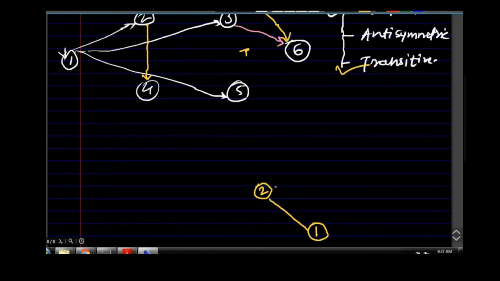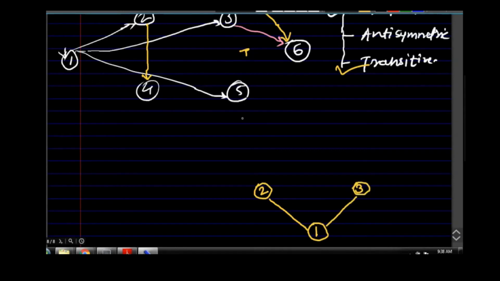So it doesn't require a direction. Whatever is the bottom node, we will say it has a relation to the top node. Even though we are not showing the direction, this relation is from 1 to 2. Now the next element that we will write is the relation from 1 to 3.